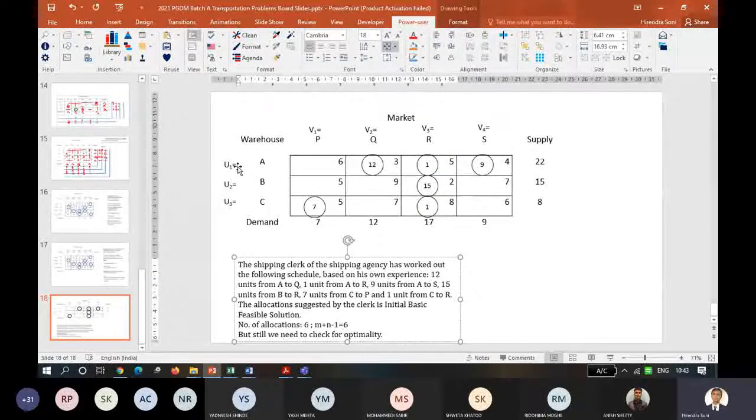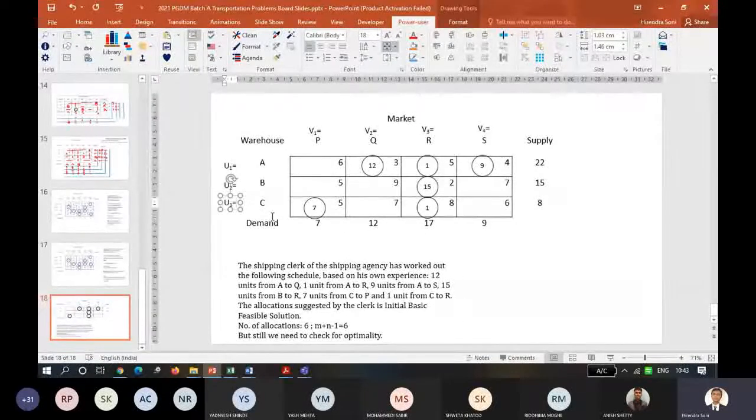अब we'll start with U1 equals to 0. या चलो इस बार हम थोड़ा उल्टा करते हैं. U3 equals to 0 से शुरू करते हैं. Fine. So V1 क्या होगा? 5 minus 0, 5. What about V3? 8 minus 0, 8. Since I have already got V3, now can I calculate U2? 2 minus 8, minus 6.